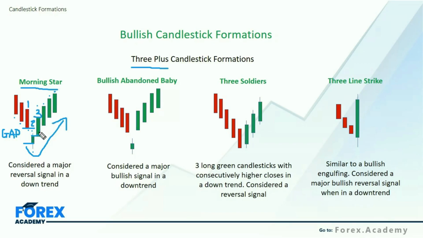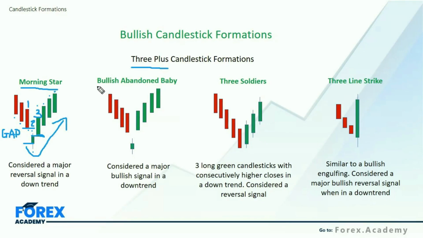It could close much lower, and that might mitigate the potential for such a strong reversal signal. So we need to see some bullish price action off the back of the gap lower. So this price action is considered a major reversal signal in a downtrend. So the market has to be moving to the downside, and if we see this price action with 2 and 3, we're very likely to see continuation to the upside in this example.